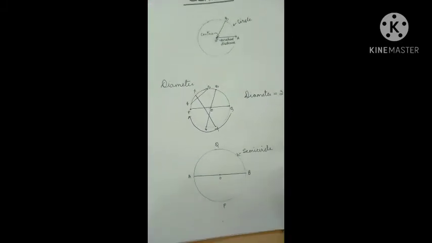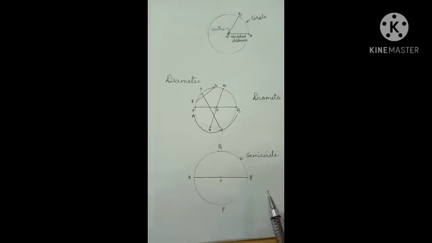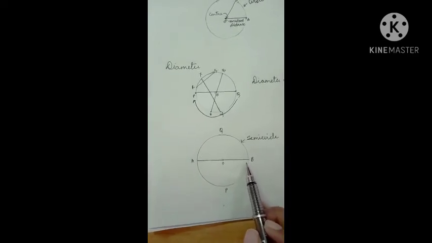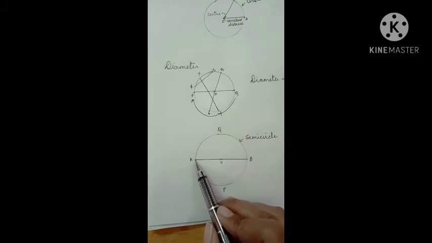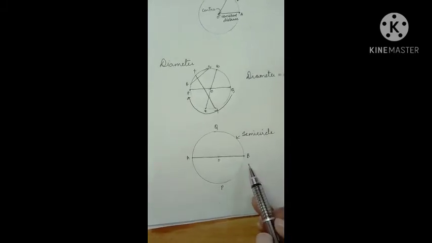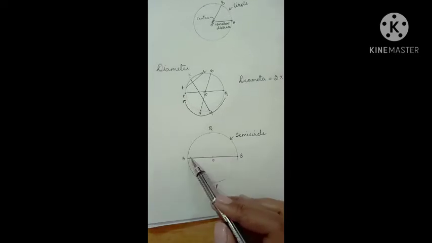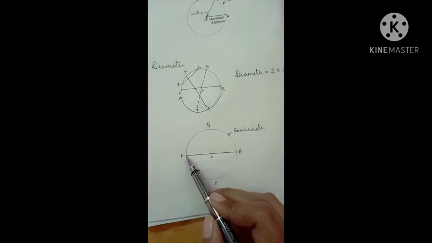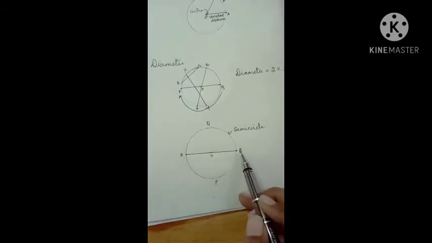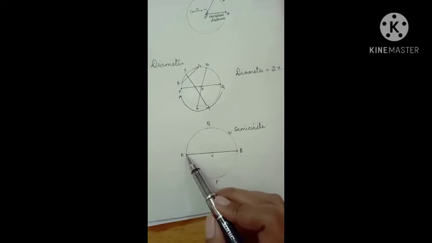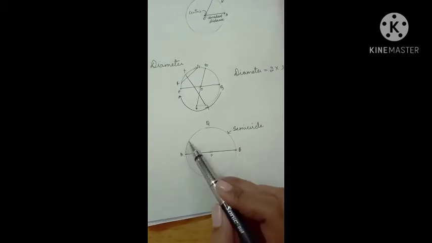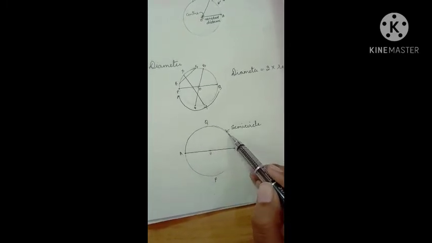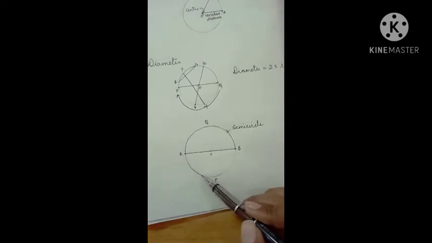Next is semicircle. The end points of the diameter of a circle divide the circumference of the circle into two equal arcs, right? These are the points A and B, and these points are dividing this whole circle into two equal arcs. This is the first arc and this is the second arc.